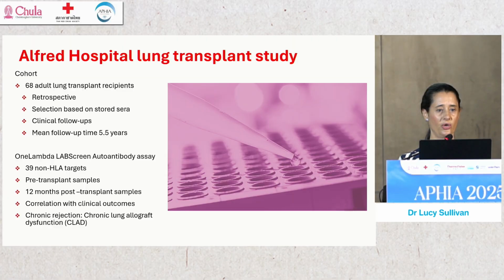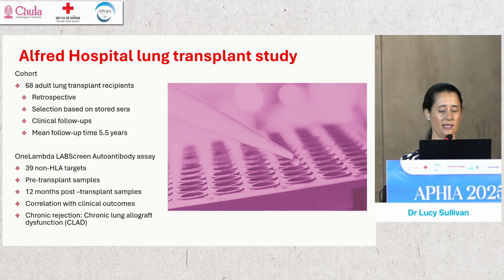So we looked at a cohort of 68 adult lung transplant recipients in a retrospective study where we had stored sera from these patients, and we had all the matching clinical information with a median follow-up of 5.5 years. We used the One Lambda autoantibody assay that has 39 targets.